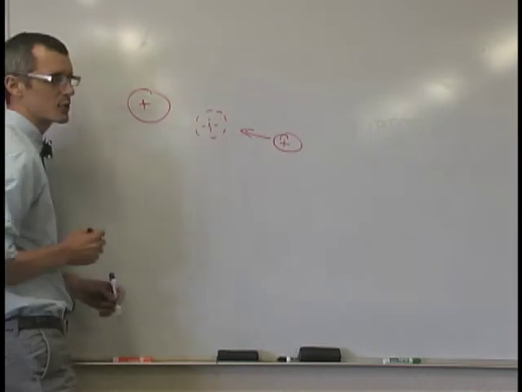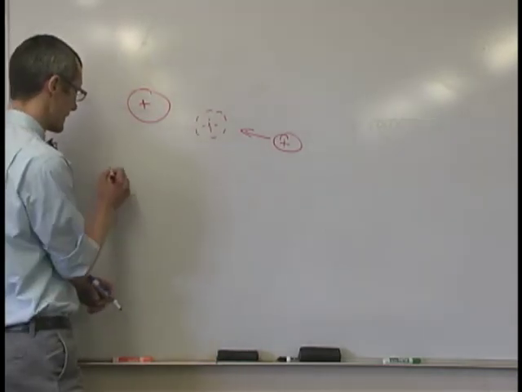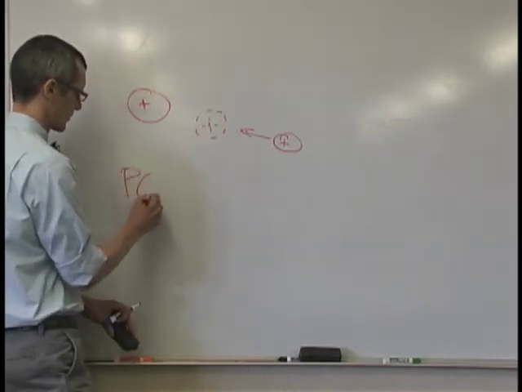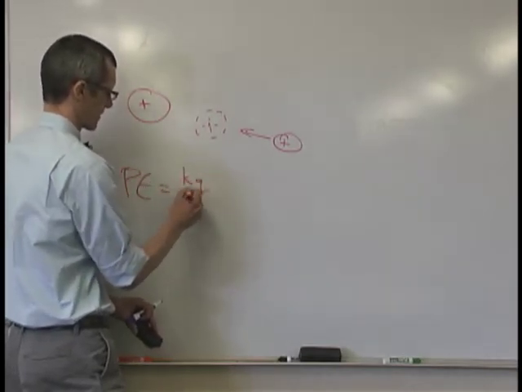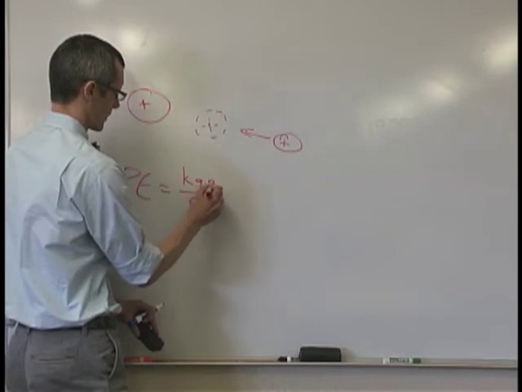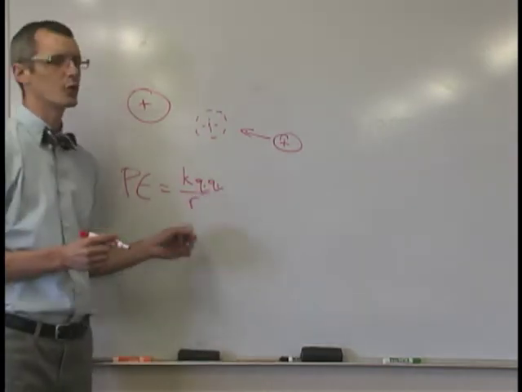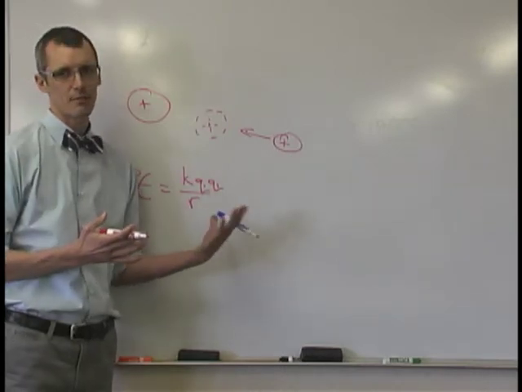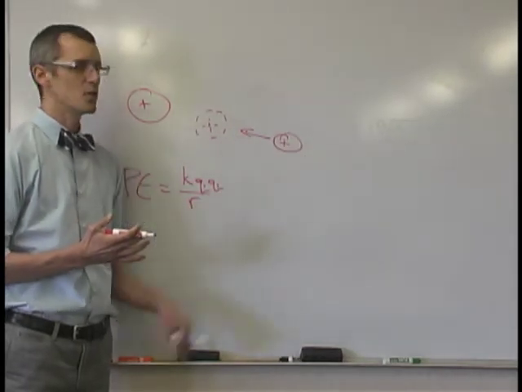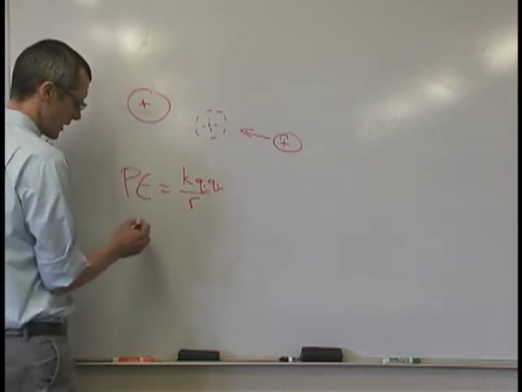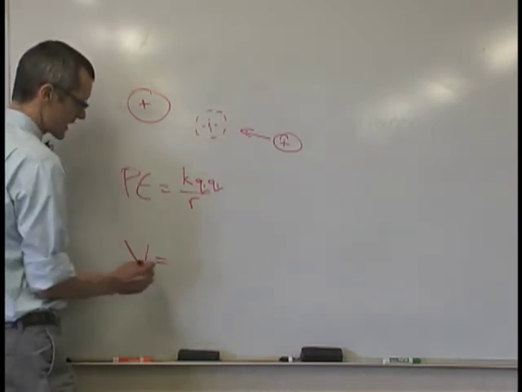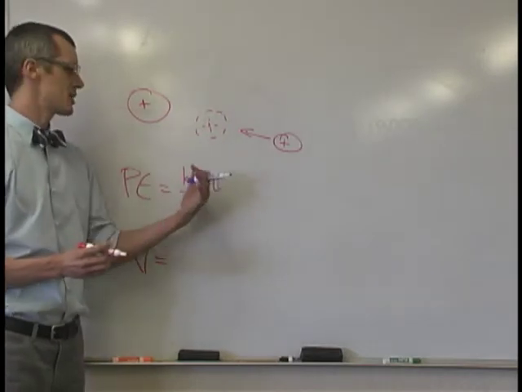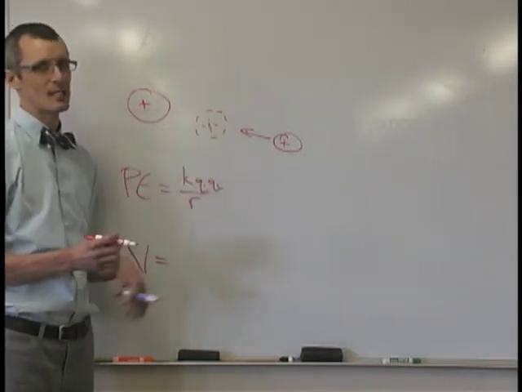The potential energy due to a single point charge is defined like so: KQQ over R. Notice this is actually what we get if we multiply the force times the distance moved. We define in electricity not just the potential energy, but also the potential energy that would be there if there were a positive charge there.